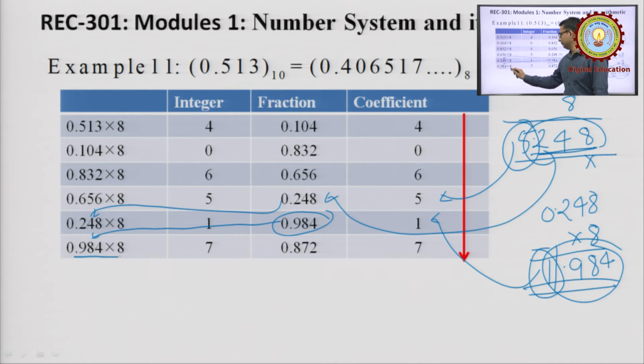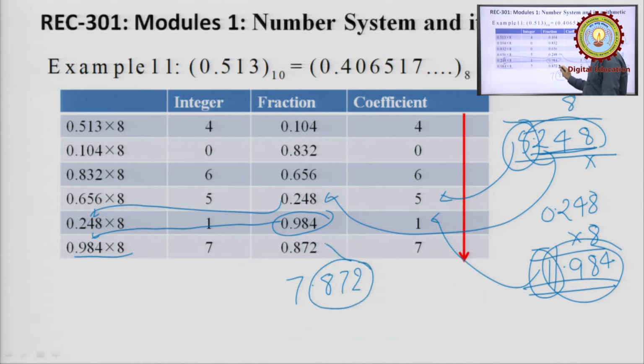After multiplying, we get 7.872, where 7 is the coefficient and the rest is the fractional value.